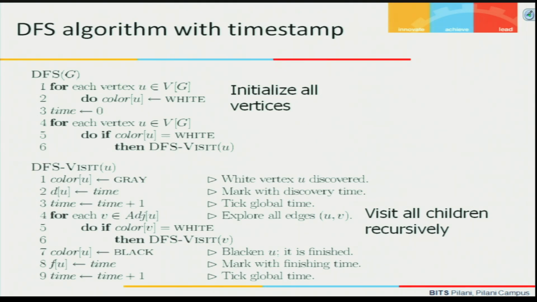As initialization, all the vertices in the graph are colored white. So, you add one more field to your node and make that field white. You add another field which is called a timestamp, and initially all vertices are timestamped to 0.